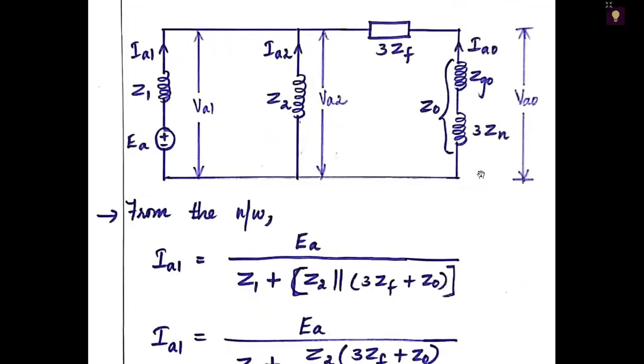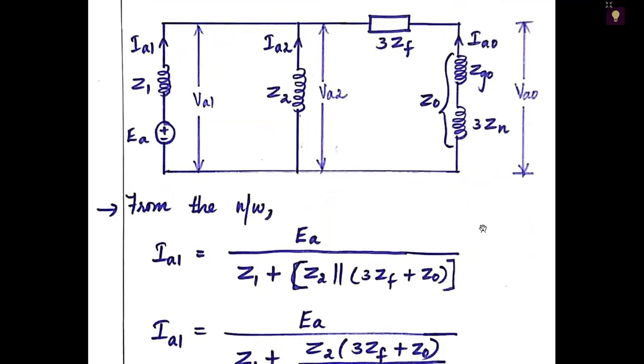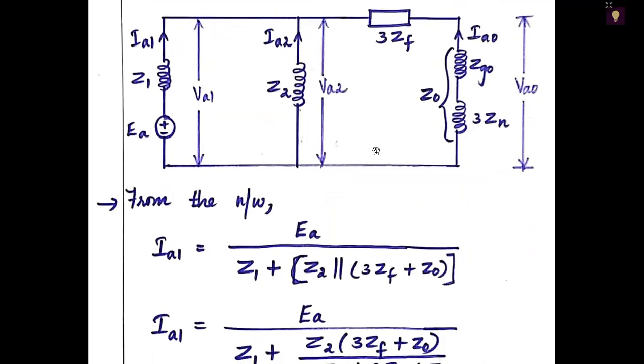After drawing the combined sequence network, we have to find the expression for the sequence components of currents and voltage. So by reducing the network, we are finding out the equivalent impedance of the network. For finding the equivalent impedance, you have to remove this voltage source and find the impedance from this entry point, from the point where the voltage source is removed.